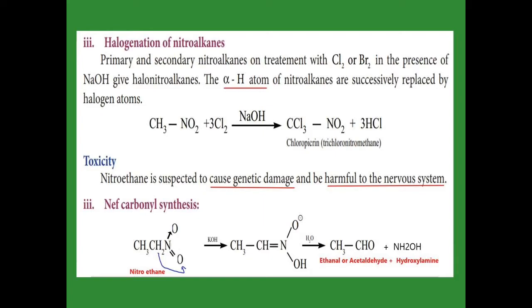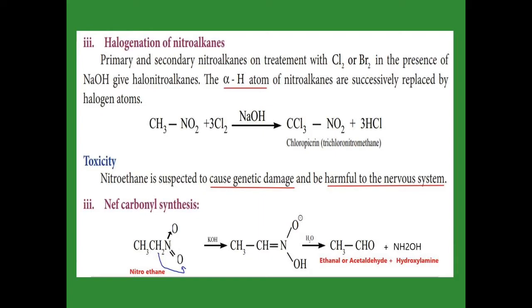Then another one, when nitroethane is added with potassium hydroxide, it undergoes isomerism. See that one of the hydrogens, in blue color, is moved to oxygen. The double bond is shifted to the second carbon, the carbon nearer to nitrogen. So we get CH3CH double bond N, single bond OH, and single bond O minus.